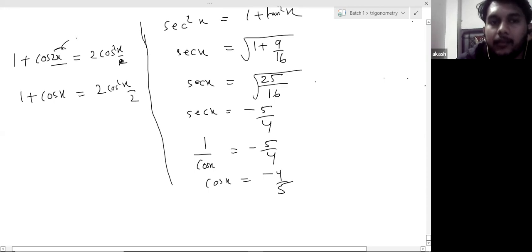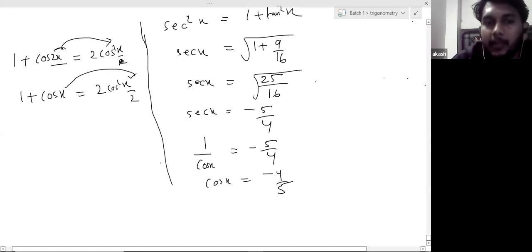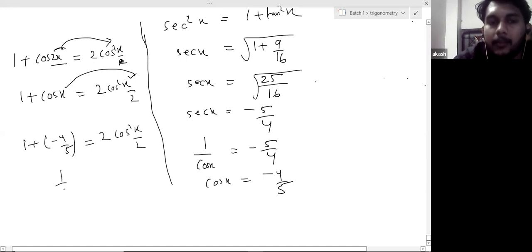Here, whatever the angle is, we half that. So here we have x, we'll be getting x by 2, right? So we can write 1 plus -4/5 is equals to 2 cos square x by 2. So it's 1/5 equals to 2 into cos square x by 2.